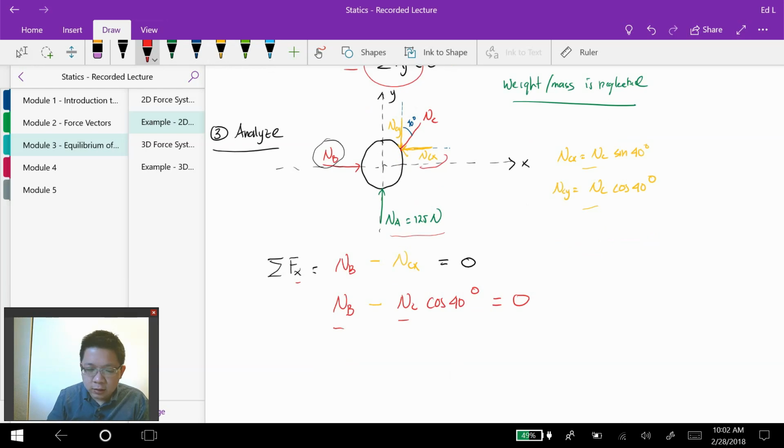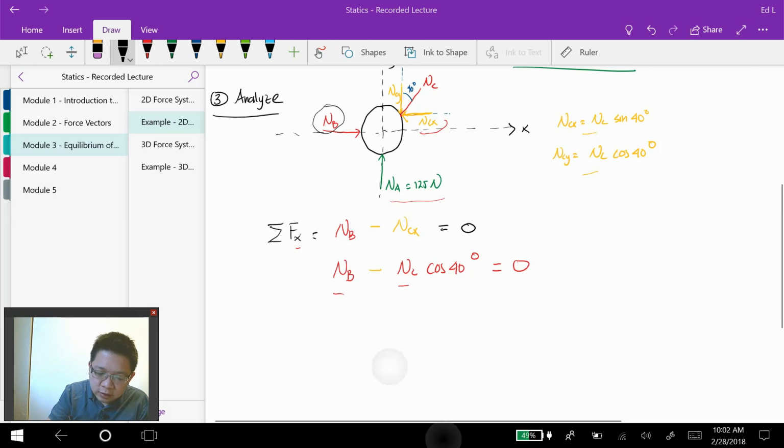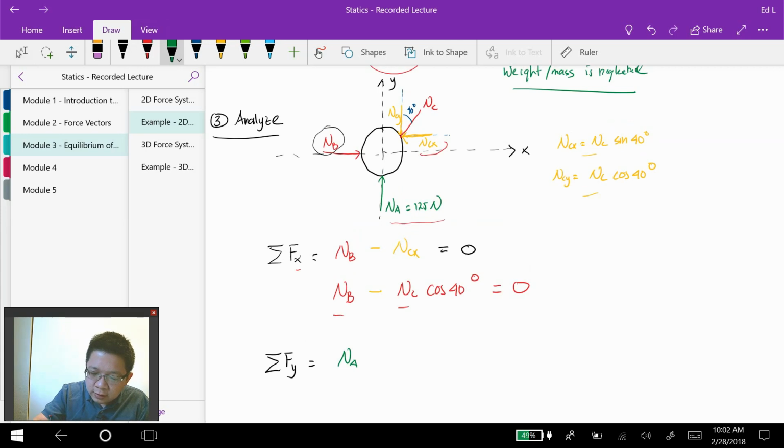Okay, so it's always a good idea to write the second equilibrium equation, which is sum of the forces in the y direction, and in here we have NA because it's going in the y direction, right here. Okay, and then NB has no contribution, right, because it's going in the x direction.